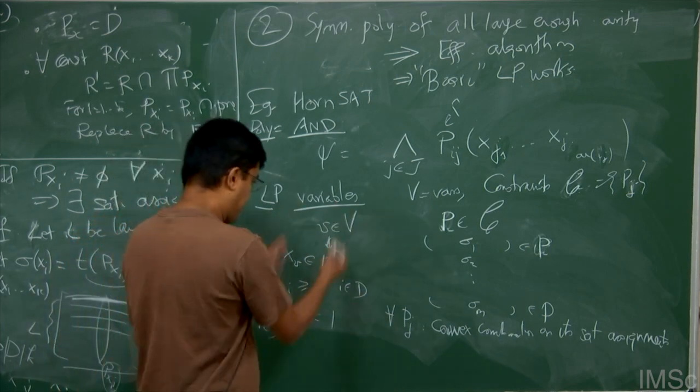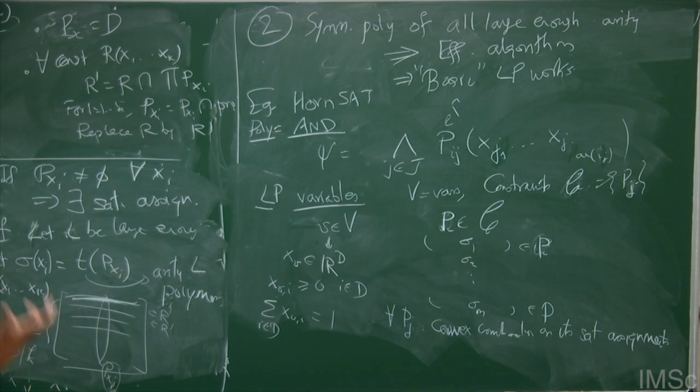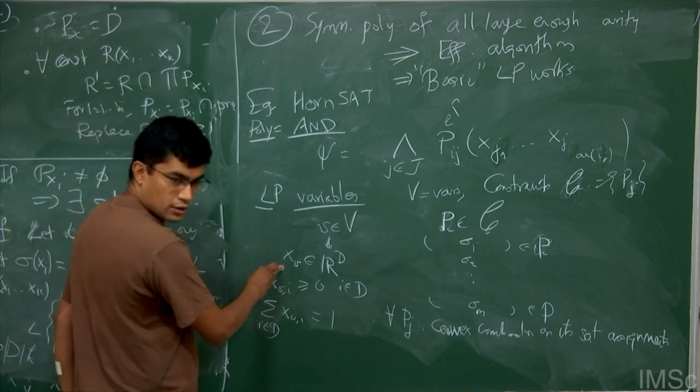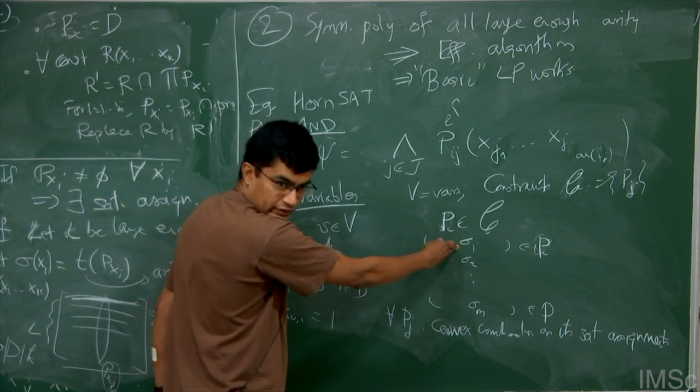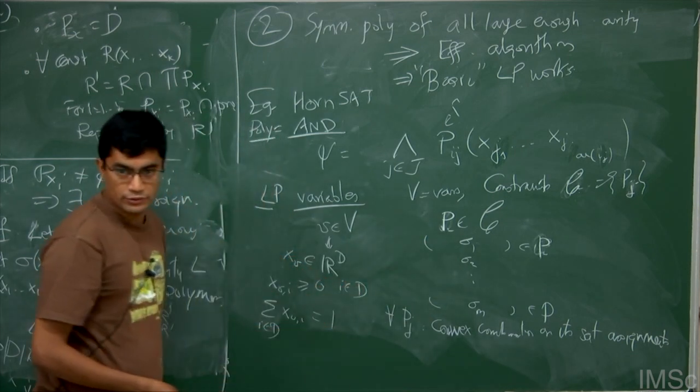So this is the variable part. For each constraint on each set of variables, you will have a convex combination on distributions. And now what will the LP say? It will say that for each variable and each constraint it participates in, its distribution matches the marginal of this distribution on that variable.